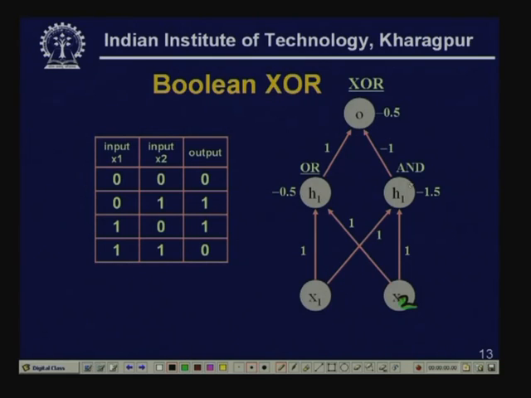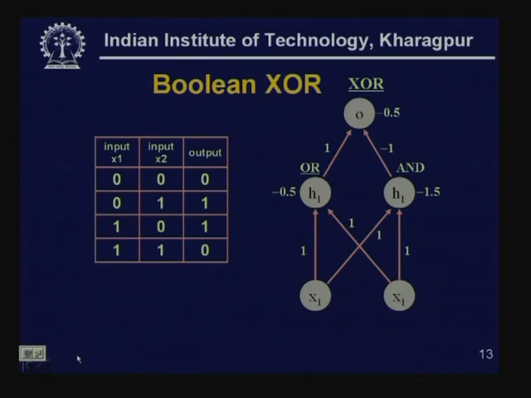So, using these two layers of units, we can compute the XOR function. So, we see that if we add a layer to the network, that gives us computing power, and that lets us go beyond linear decision surfaces.